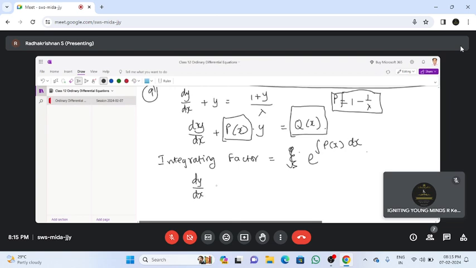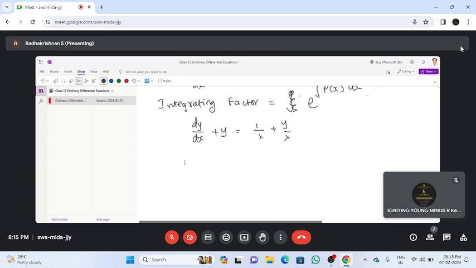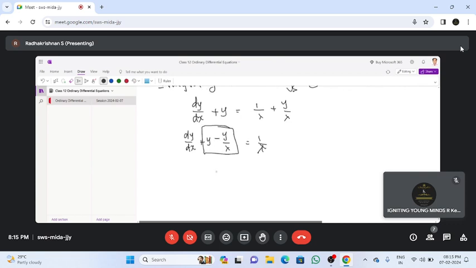How do you do that? Dy by dx plus y equal to, we have to separate this, 1 by lambda plus y by lambda, and you have to bring the y to the left hand side. Now we will take out y and make it into a function of x or constant.